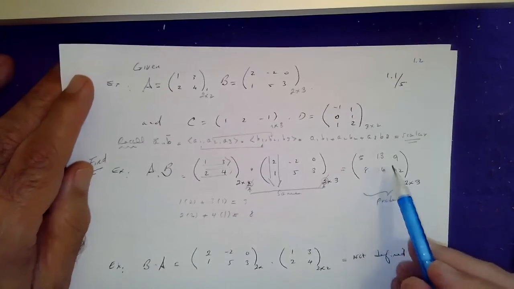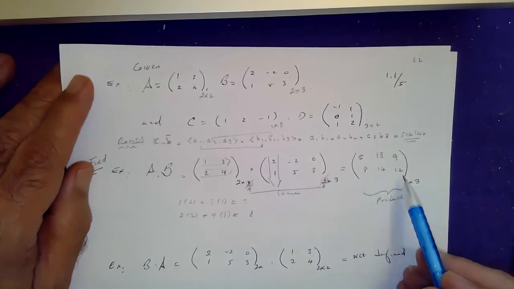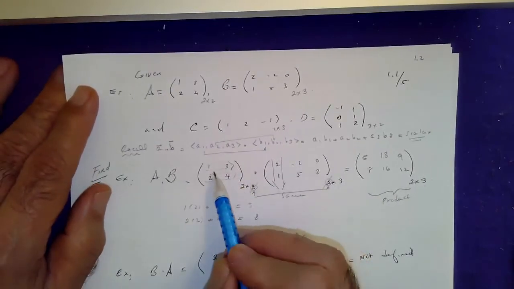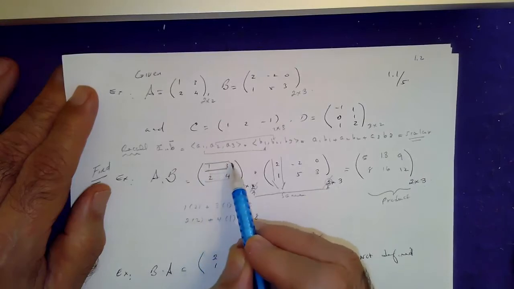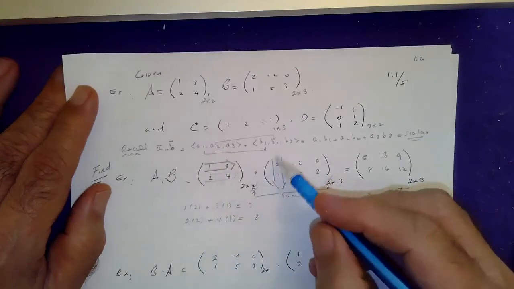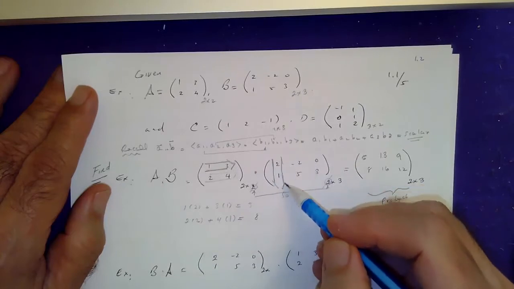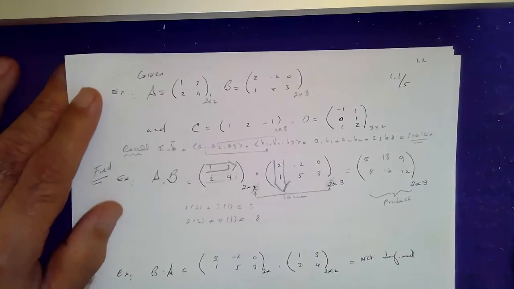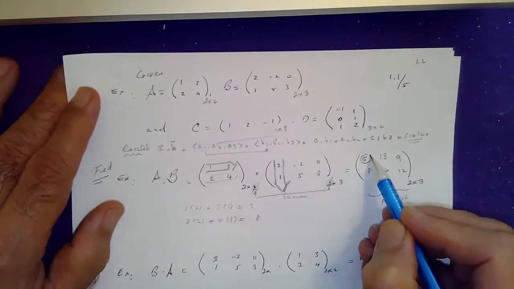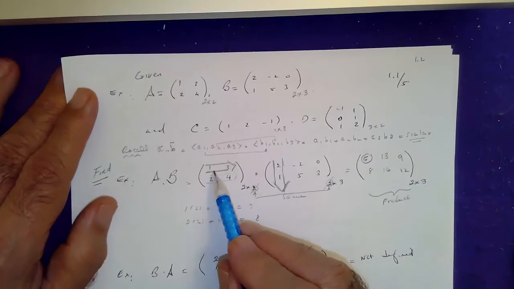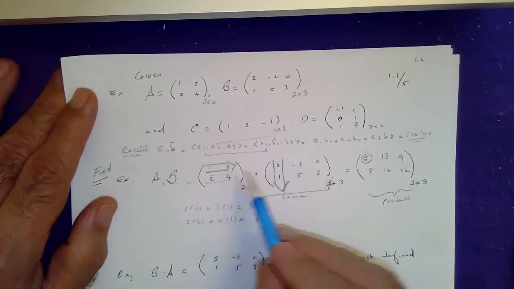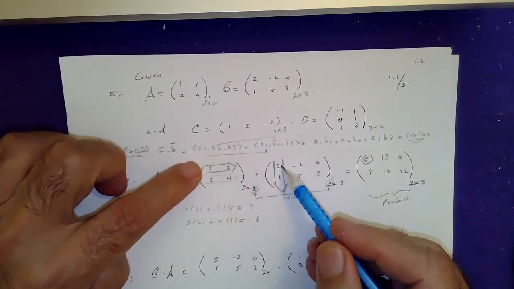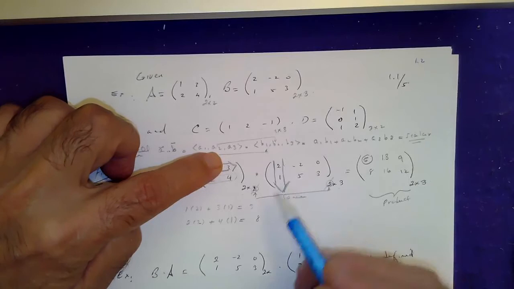Question: how did you get 5 and 13 and 9 and 8 and 16 and 12? Check this out. The way you do it, you take the row vector of the first matrix and dot product it with a column vector of the second matrix. To show you how I got 5, I took vector (1, 3) and dot producted it with (2, 1), which is 1 times 2, plus 3 times 1, which is 5.